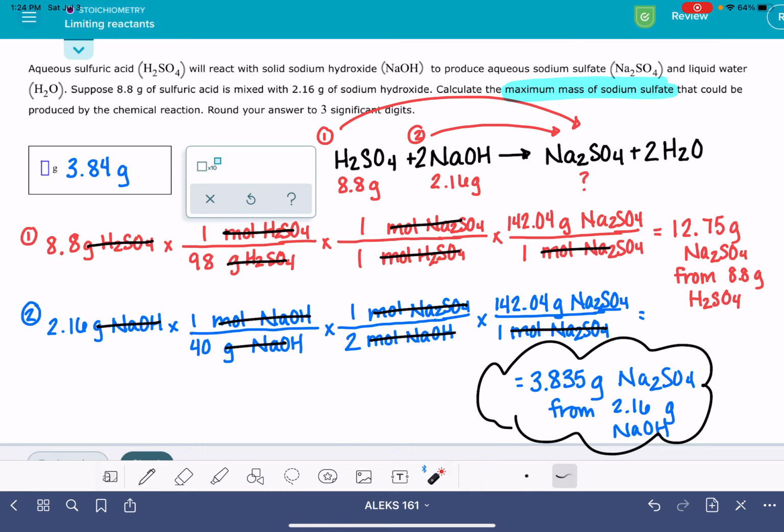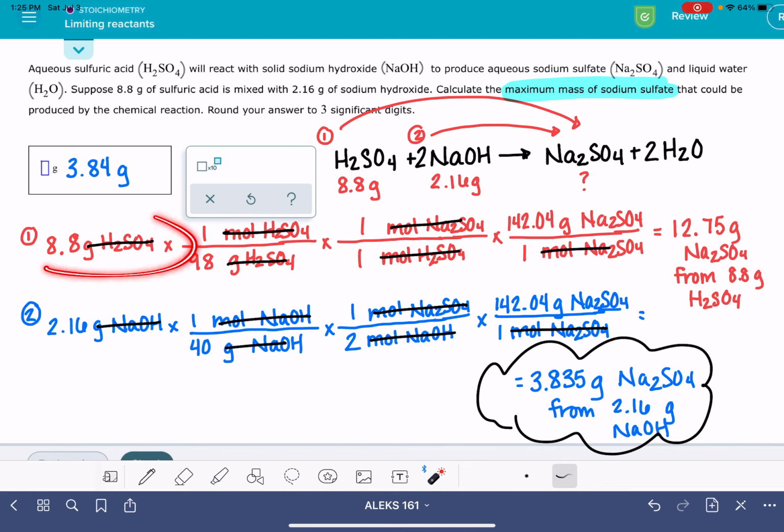And that might seem totally backwards to you, but what these calculations are telling us is that we have enough sulfuric acid to make approximately 13 grams. We have enough sodium hydroxide to make approximately 4 grams. Or another way of saying this is that we only have enough sodium hydroxide to make this 3.8 grams.